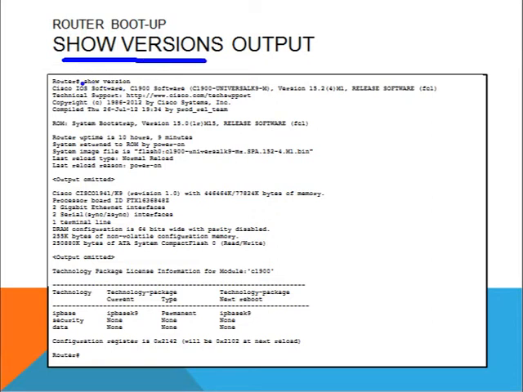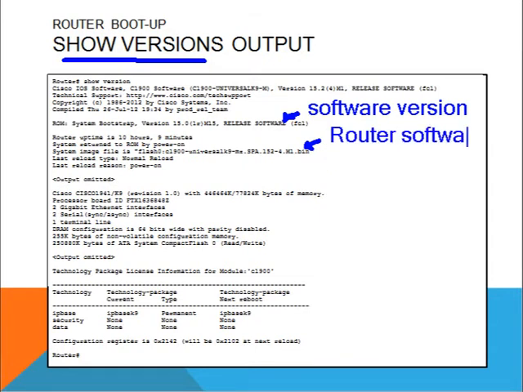The show version command will show you information regarding the router hardware, such as your router software version number, the router software name, and also the amount of memory available.